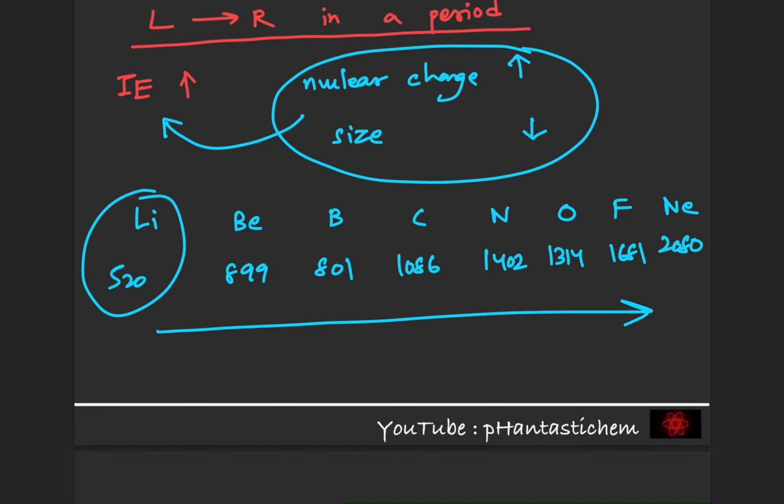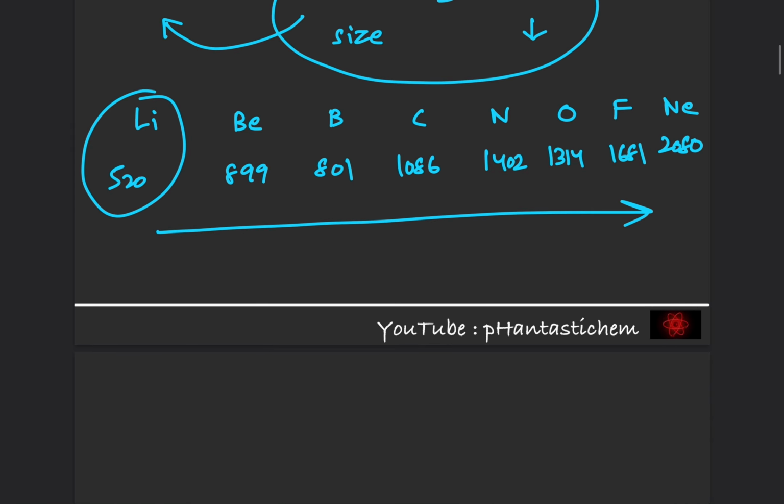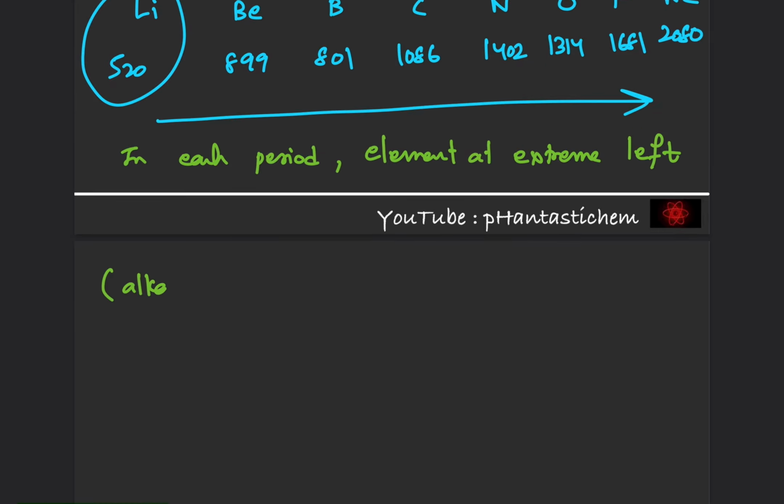Although there are some anomalies, for example, this is one, this is another. Okay, so I will write this down that in each period, the element at extreme left, which is an alkali metal or a group 1 metal, has the lowest first ionization energy.